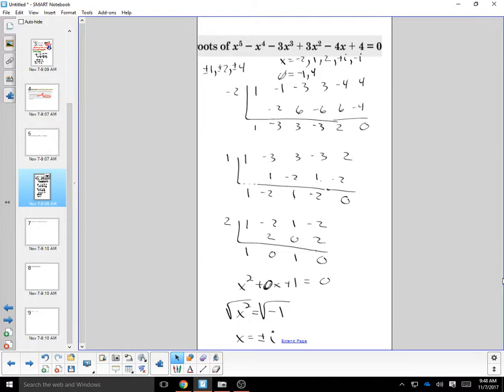It says complex numbers come in conjugate pairs. That's the one way to do it.